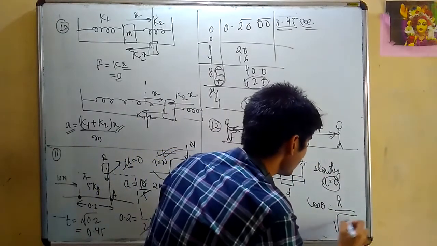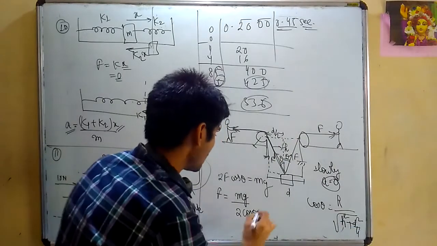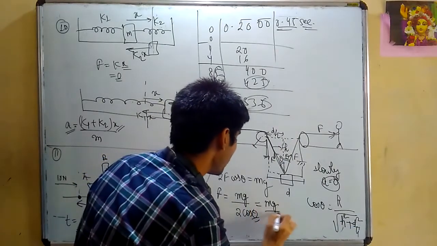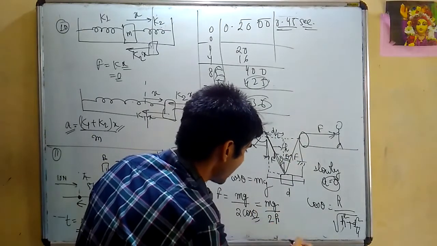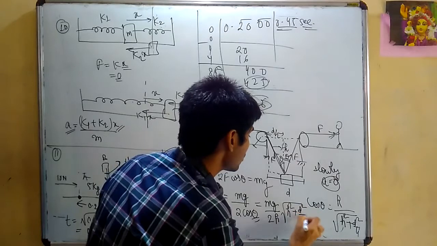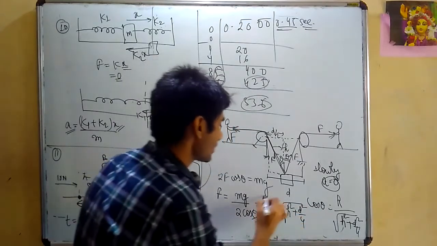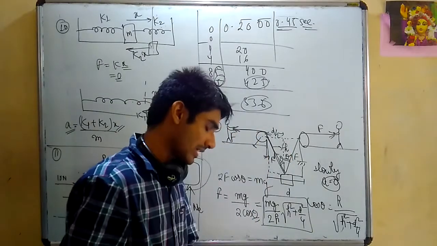So hypotenuse is root under h square plus d square by 4, right? So I'll substitute it here. This is mg by 2 into what is cos theta, h, and this will go up, root under h square plus d square by 4. This is the answer. This is the force which must be applied when the man is at a depth of h. This is the answer.